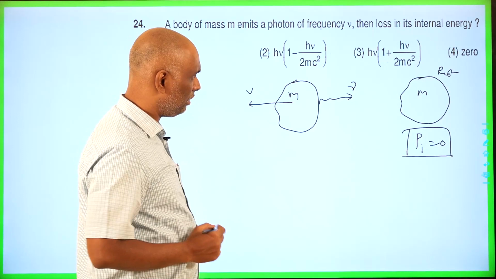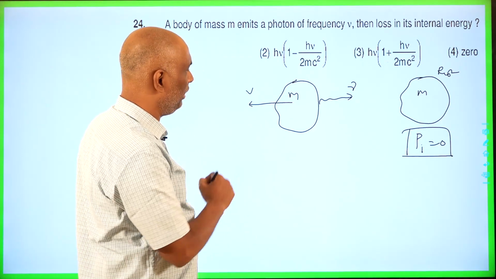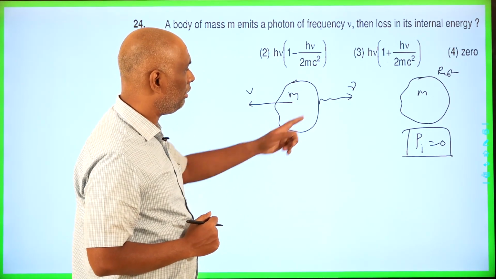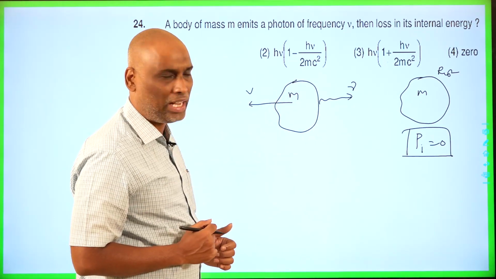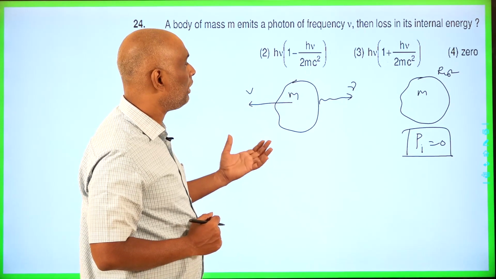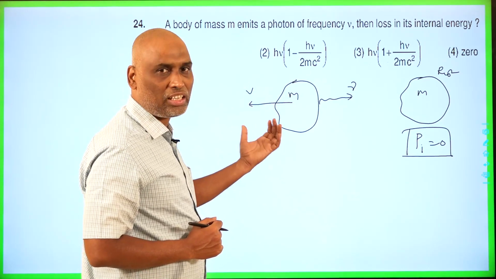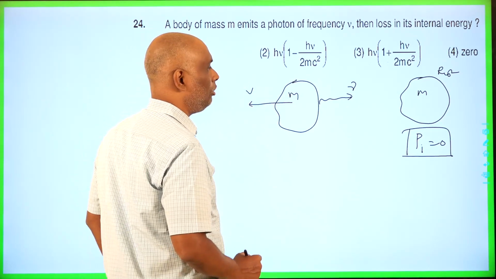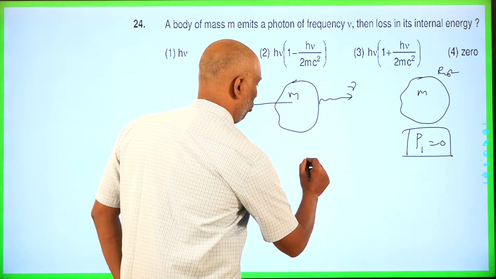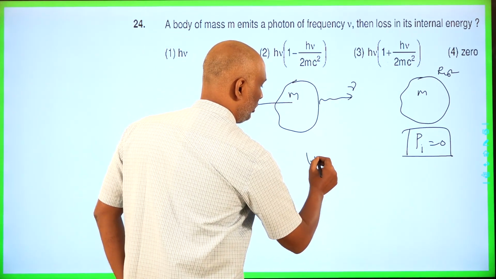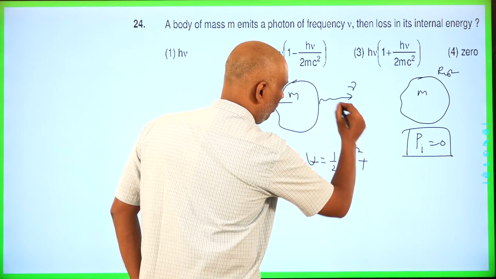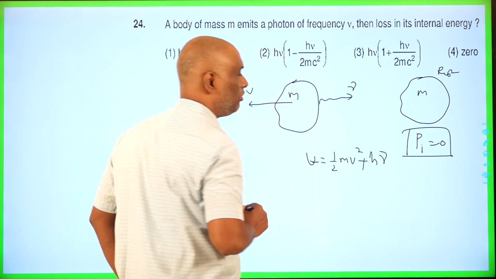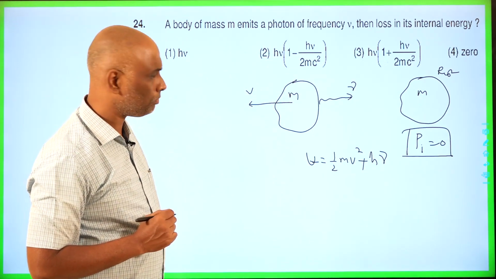So that means initially there is no energy, but finally there is energy appearing in the form of the photon and energy appearing in the form of recoiling of the mass. So this total energy should come from the internal energy. Therefore I can say the total internal energy U should become equal to half mv square, kinetic energy, plus the energy of the photon, which is equal to h nu.